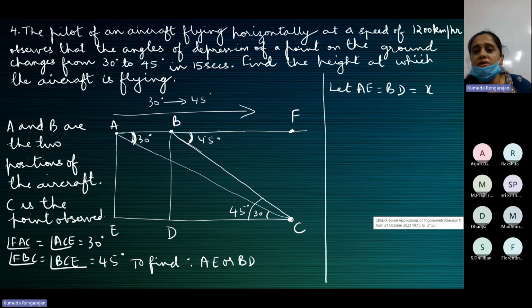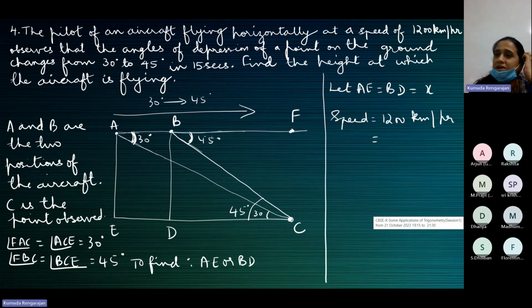Or you can even convert 1,200 kilometers per hour to meters per second, whatever you want to do. So speed is equal to 1,200 kilometers per hour. And what's that ratio? 5 by 18 or 18 by 5? How do you convert kilometer per hour to meter per second?